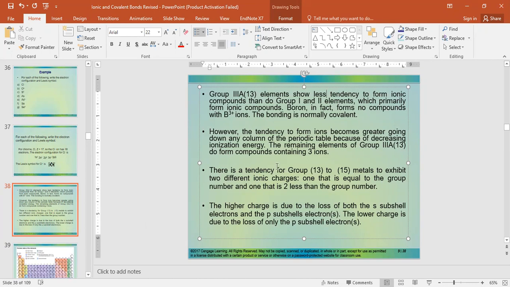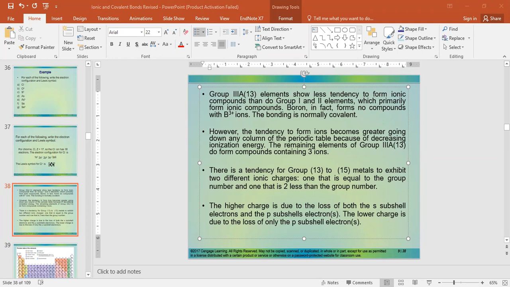Now, there is a tendency for group 13 to 15 metals to exhibit two different ionic charges. I am going to explain where these two different ionic charges come from. I am going to pick aluminium, and then I pick another element, for example phosphorus.